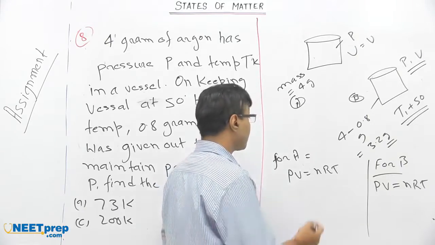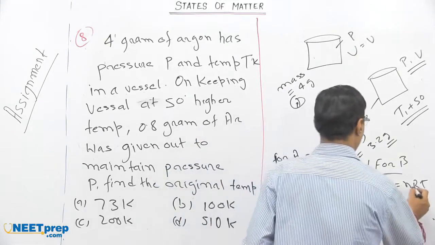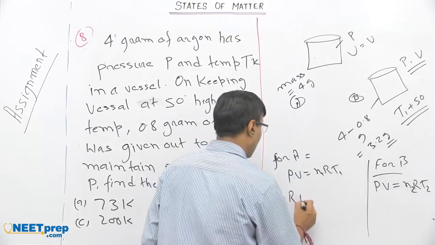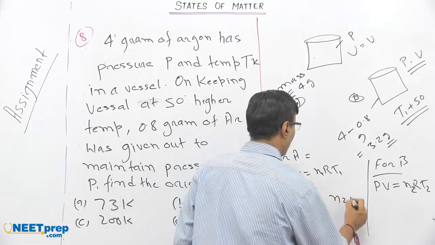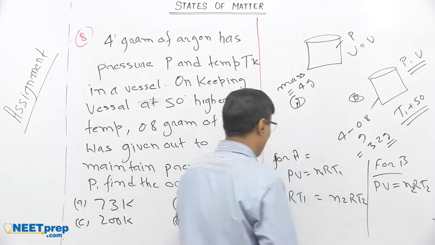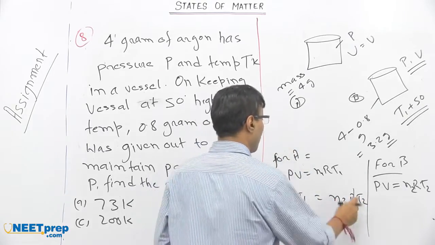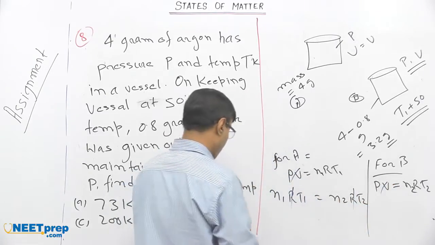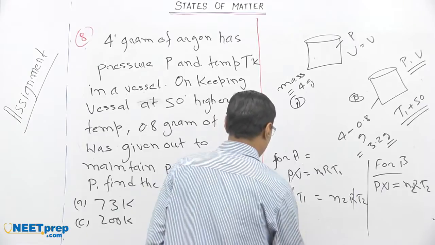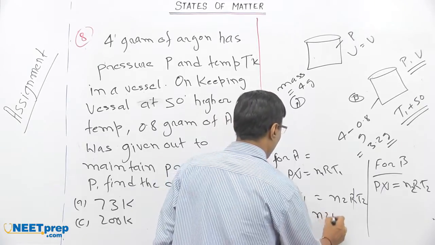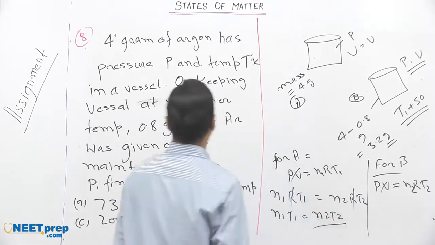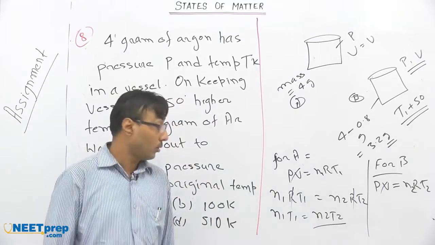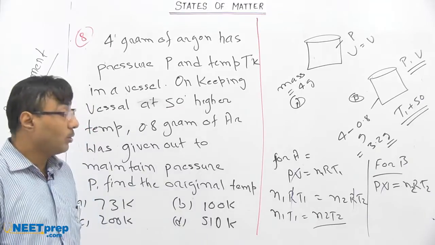It means N1 R T1 is equal to N2 R T2. R and R is constant. So finally it's N1 T1 is equal to N2 T2, and we need to find out T1. So put the value, you will get the answer.